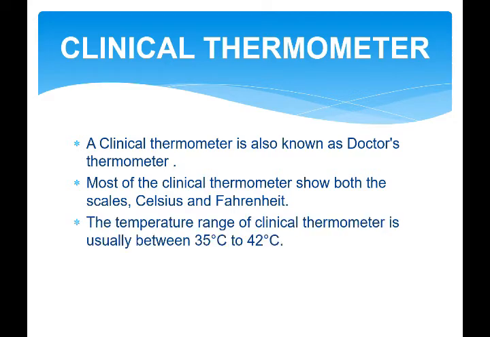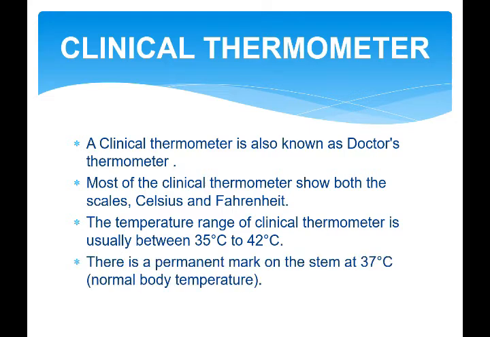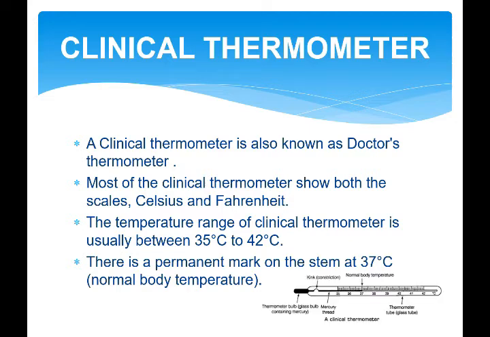The temperature range of a clinical thermometer is usually between 35 degrees Celsius and 42 degrees Celsius. There is a permanent mark on the stem at 37 degrees Celsius, which is the normal human body temperature.